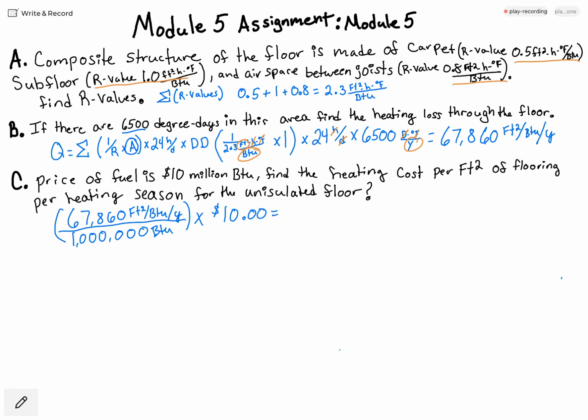BTUs cancel out, and then I times that by $10. And I get 68 cents per square foot per year. So depending on the area of the structure, I can figure out the total loss for the entire structure by just multiplying by the area.